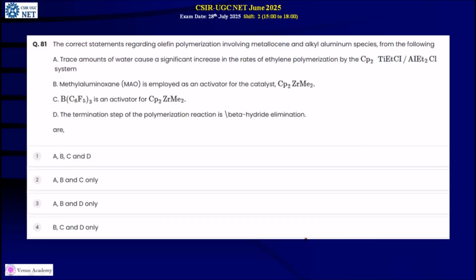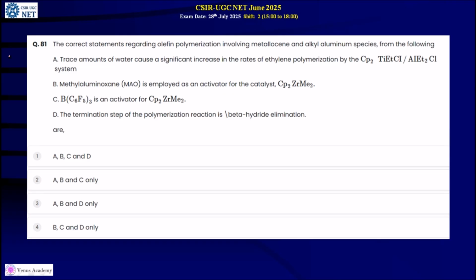Next, question number 81. The correct statements regarding olefin polymerization involving metallocene and alkyl aluminum species from the following. Statement A, trace amounts of water cause a significant increase in the rates of ethylene polymerization by the cyclopentadienyl titanium ethyl chloride aluminum complex and methylaluminoxane.